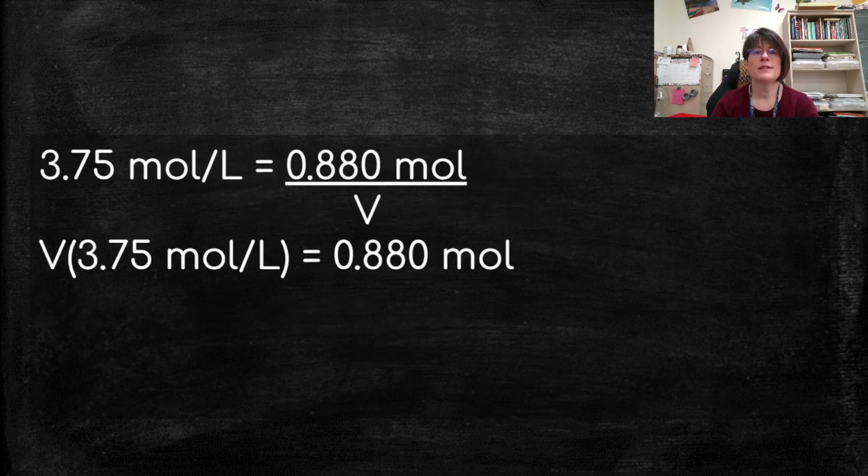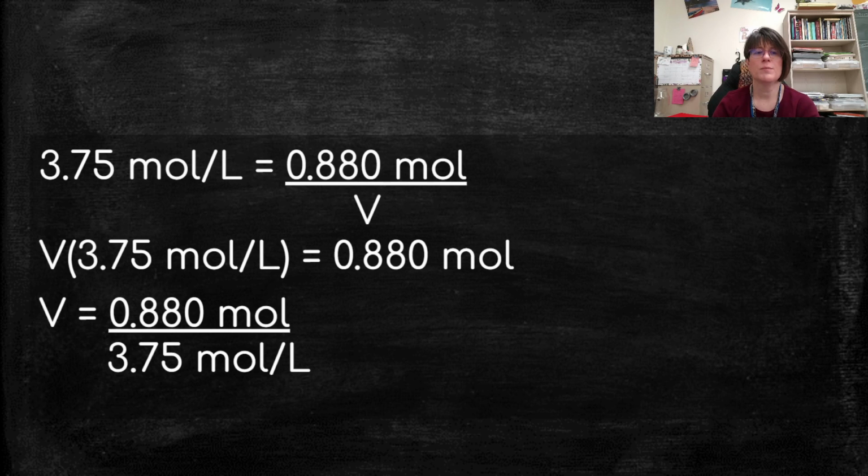We multiply both sides by V, then divide both sides by the 3.75 moles per liter. Our moles cancel out, so we get 0.235 liters. And because it's 1 over a liter, the liter actually flips up to the top too.